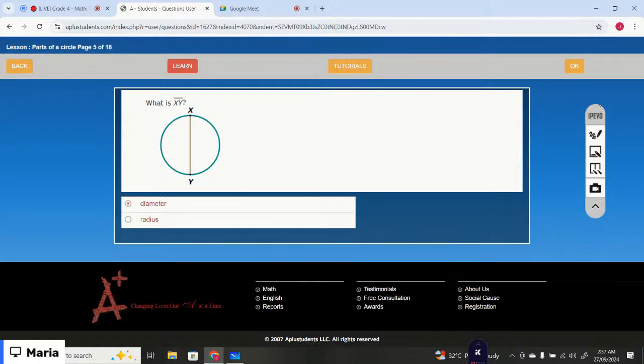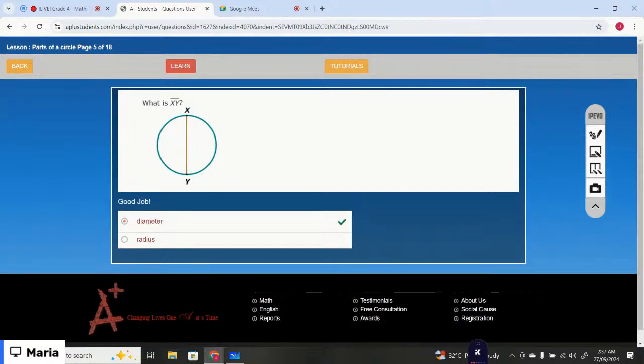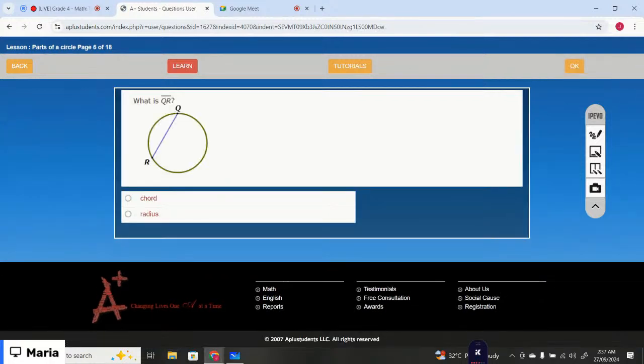Very good. Option number 1 is the correct option. What is QR, which is the correct option? QR is again the chord. Option number 1 is the correct option.